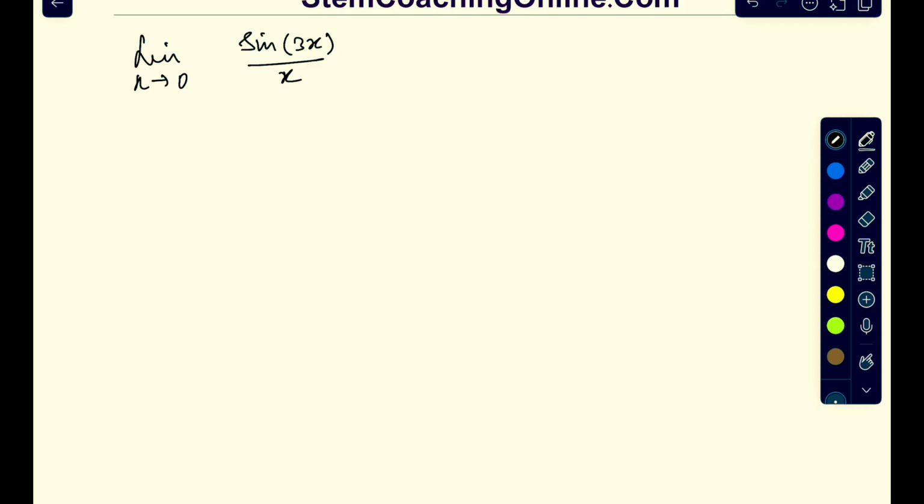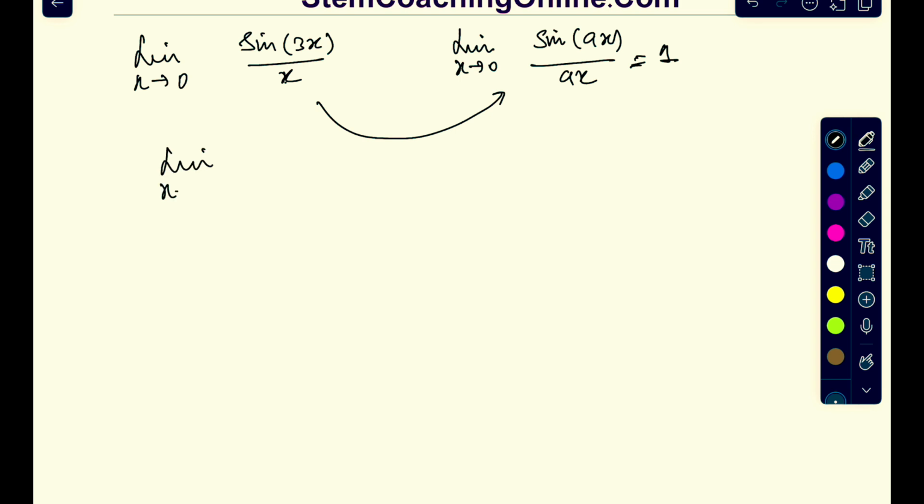So to solve such questions, what do we do? We know this identity: when x is approaching 0, sine of ax, where a is any constant, over ax is 1. To solve this, we have to transform this into this form somehow. So what are we missing here? We have 3x in the numerator, the bottom has x, so the bottom should have 3x, which is very easy to do.